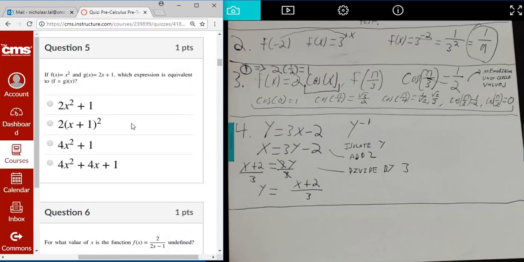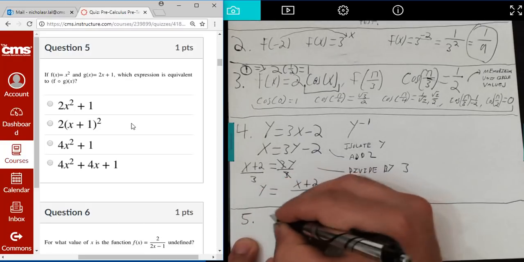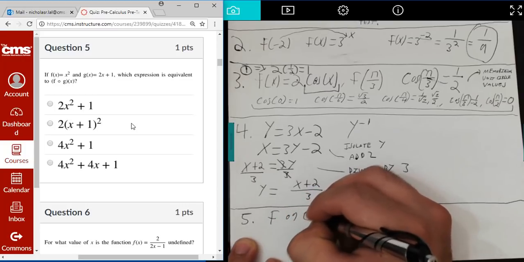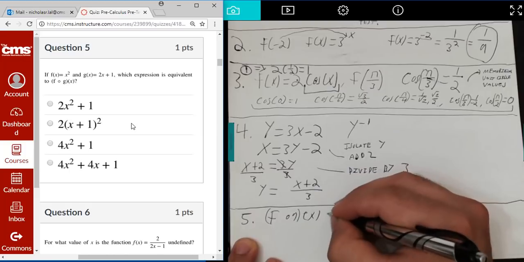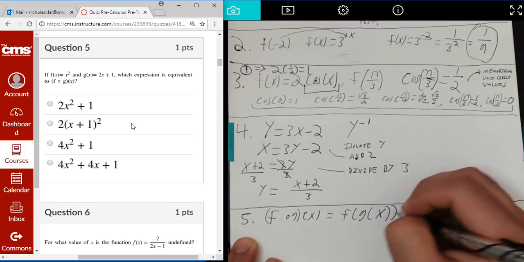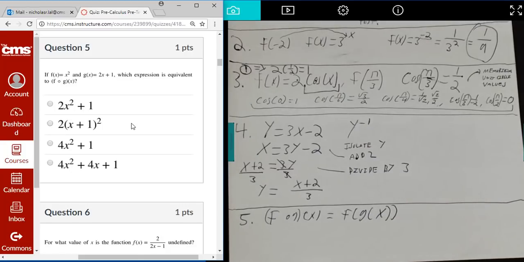Question 5. If f of x equals x squared and g of x equals 2x plus 1, which expression is equivalent to f of g of x? So with 5 we need f of g of x. In this case, f of x is x squared, g of x is 2x plus 1.